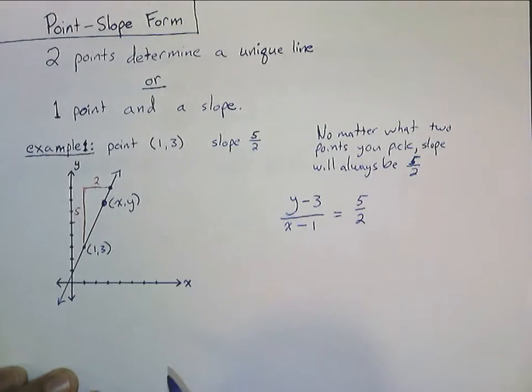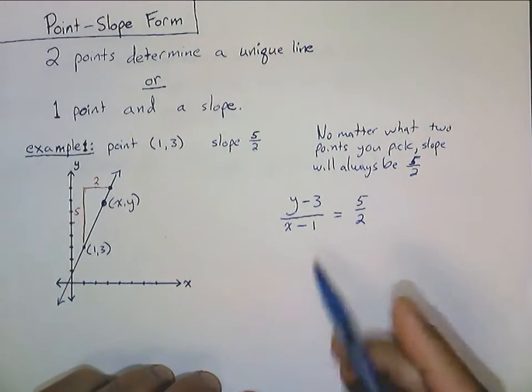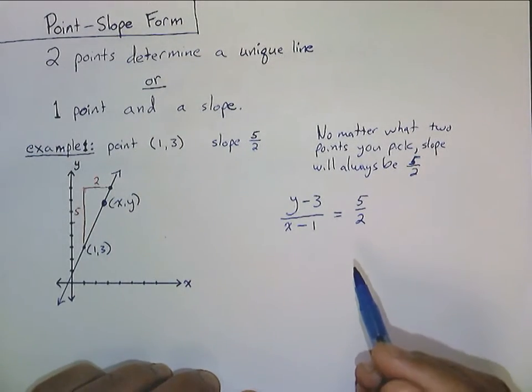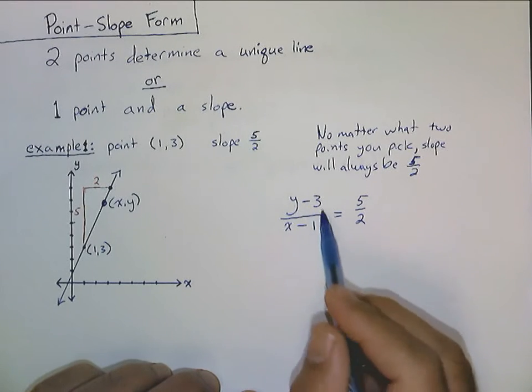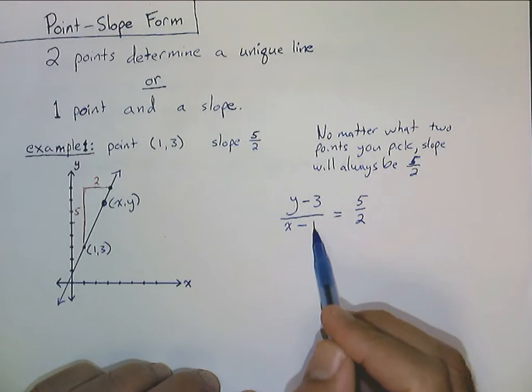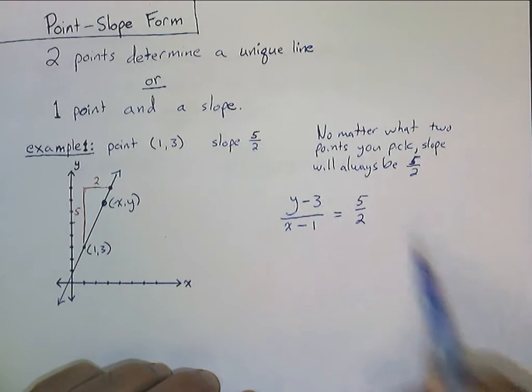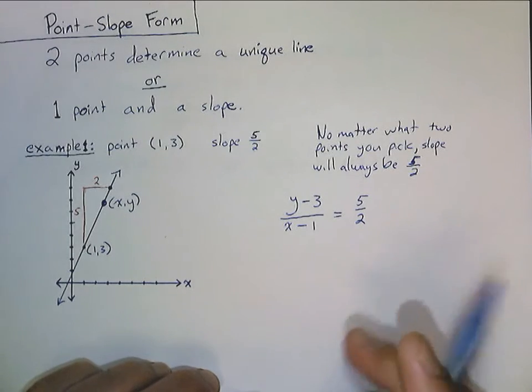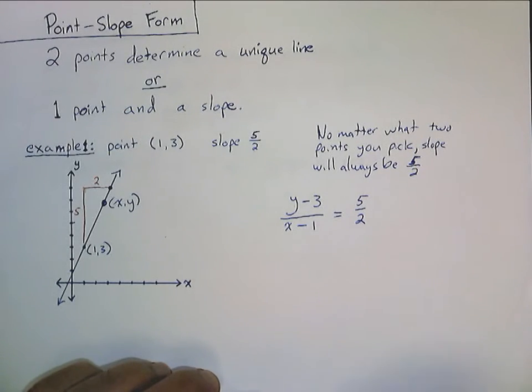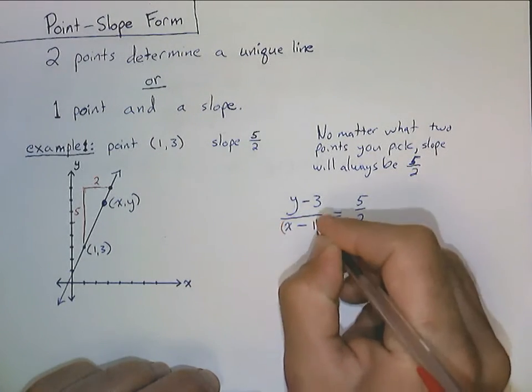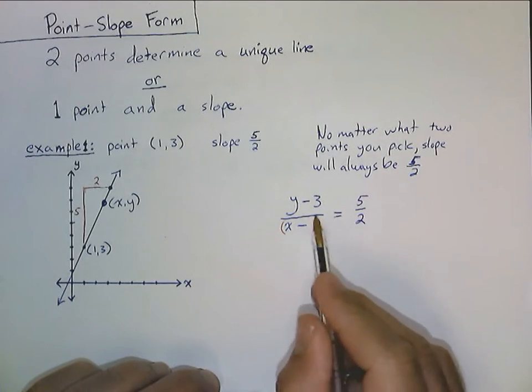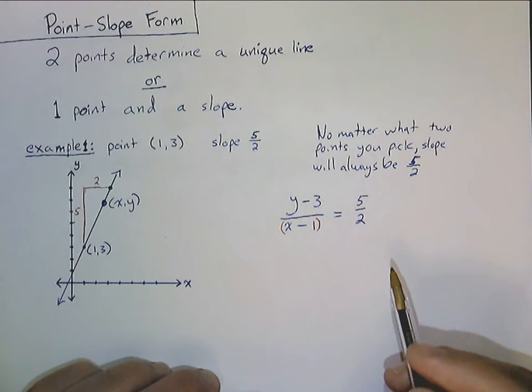Meaning it's a good name for this collection of points. And so this could be called point-slope form, because we're using 1 point, the x-coordinate here is 1, the y-coordinate is 3, and the slope, 5 halves. But we're going to modify it a little bit. We're going to take this denominator, which is really in parentheses because of the vinculum here. It's a grouping symbol.